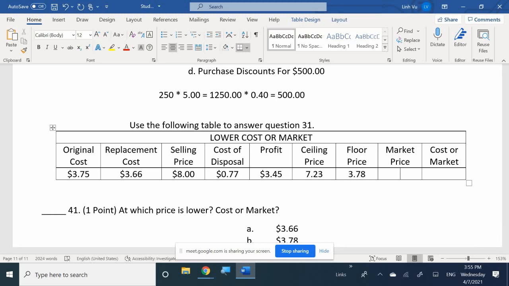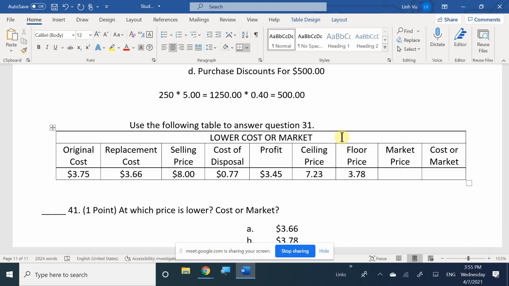Now let's compare and contrast the three numbers. We have our ceiling at 723, our floor at 378, and our replacement cost at 366. The floor price will become the market price, because 366 is lower than 378.